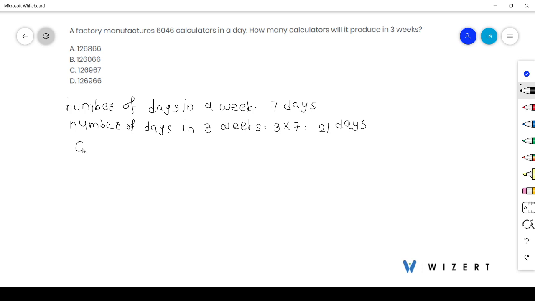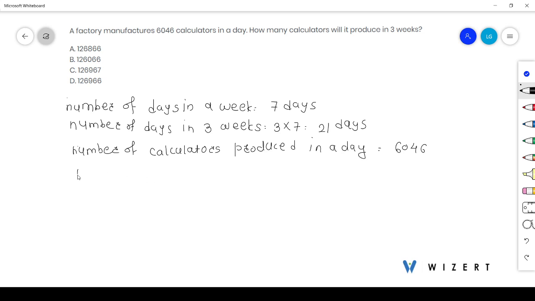As we have been given the number of calculators produced in a day, there are 6046 calculators.